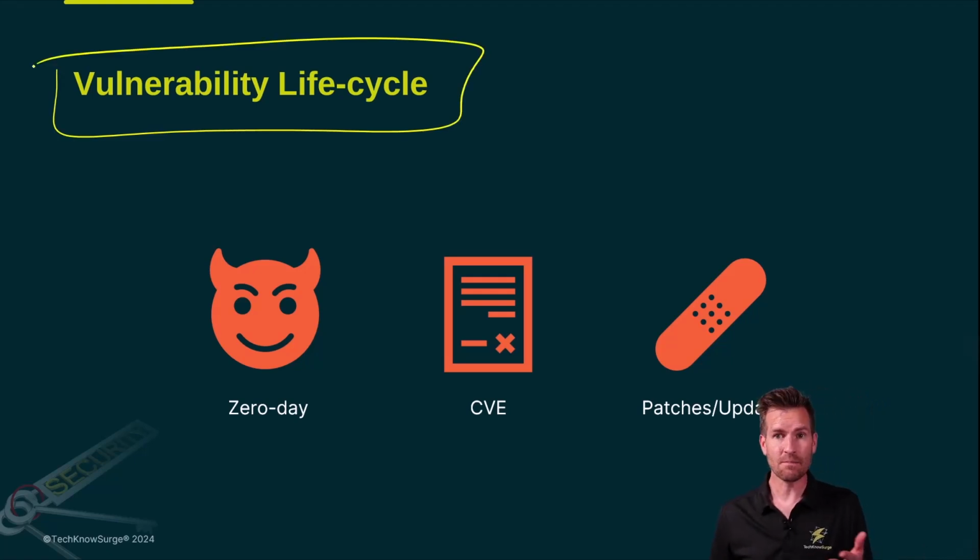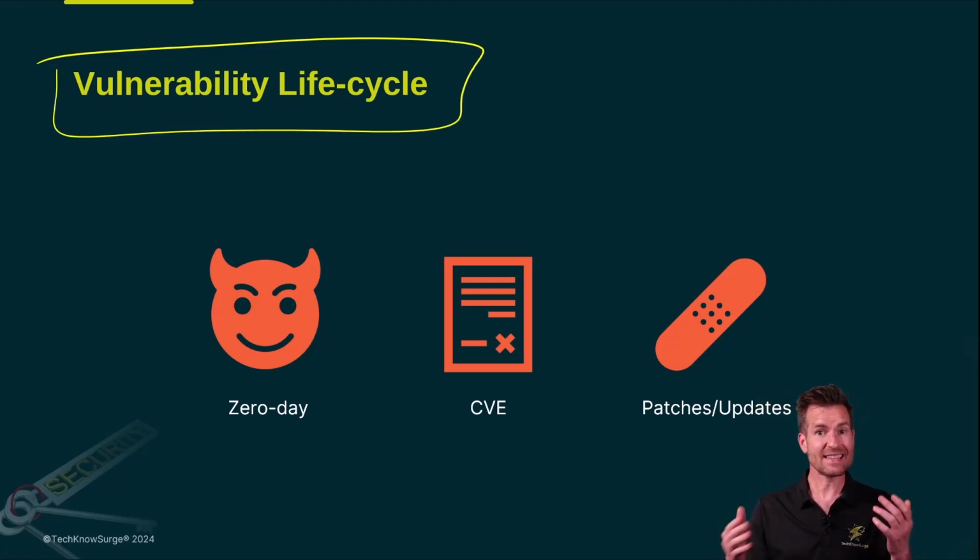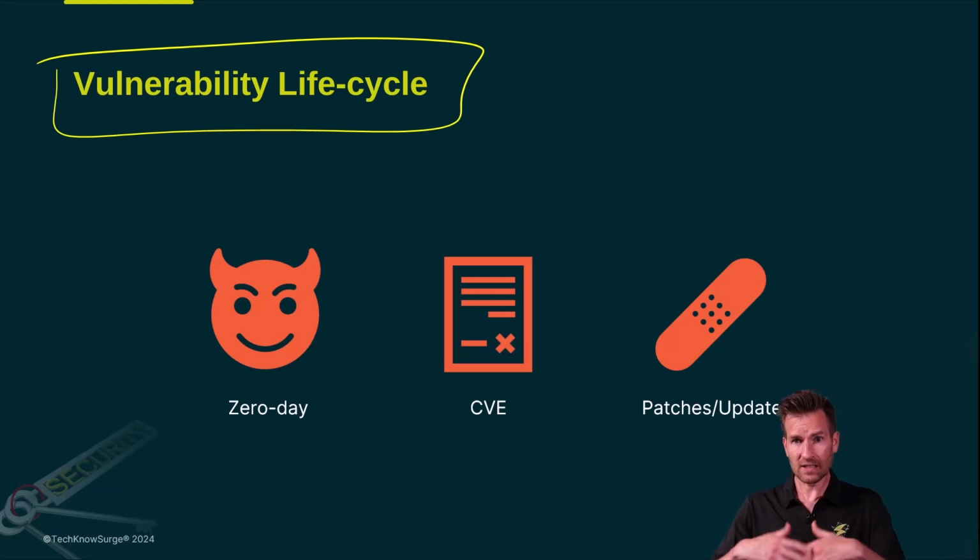Vulnerabilities have a life cycle. They have a beginning, middle, and end. It starts out with a vulnerability getting released out there. Now, why does a vulnerability get released? Well, software is constantly being developed and changed. Sometimes they need to release patches to fix something that was broken before. Sometimes they need to release new features.